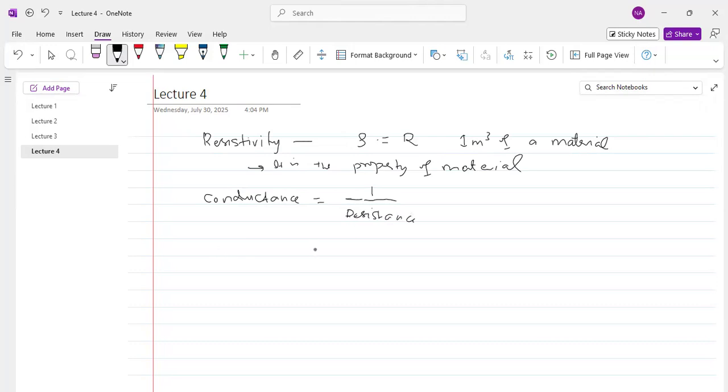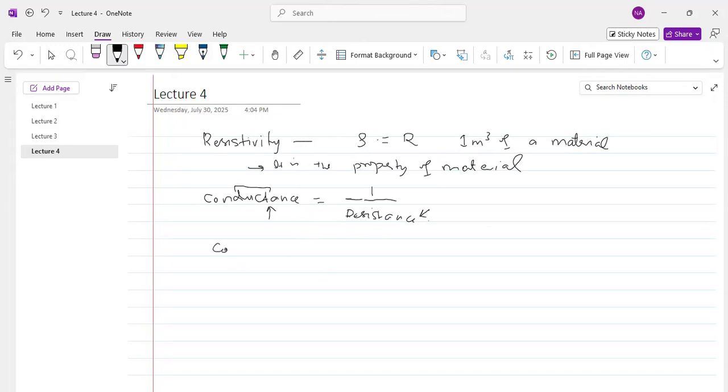What does this mean? This means that if the resistance of a material increases, then it will be a poor conductor. Its conductance will be decreasing. So there will be an inverse relationship between these. This is known as conductance.